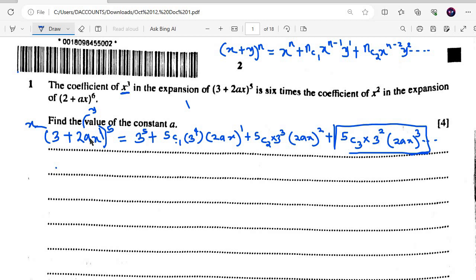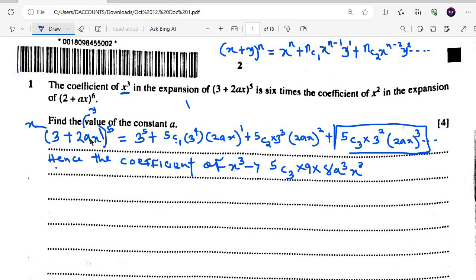So hence the coefficient of x cubed in this expansion is 5C3 times 3 squared, which is 9, times (2ax) cubed, which is 8a cubed x cubed.